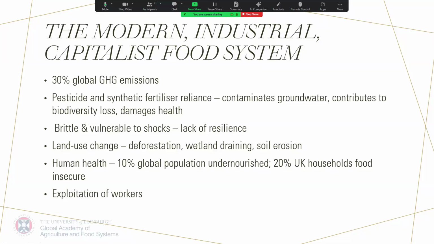At the top, it fails to nourish the global population and the national population of the UK, and is responsible for a significant amount of worker exploitation as well, just to name a few of its issues.